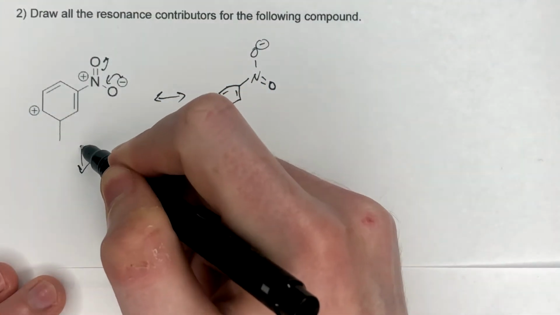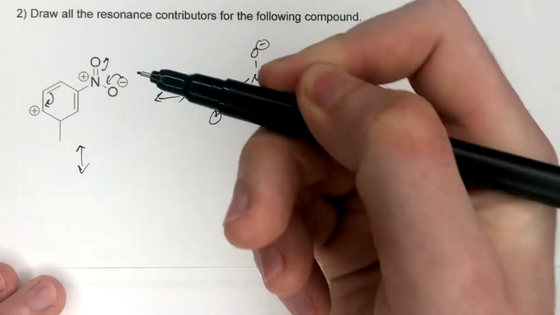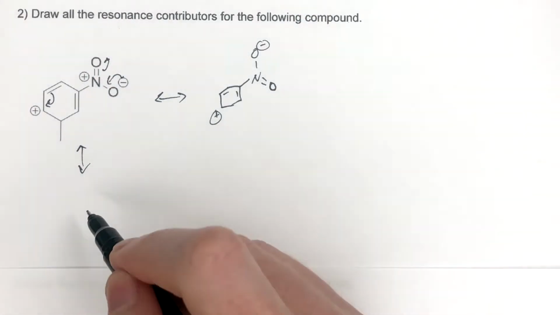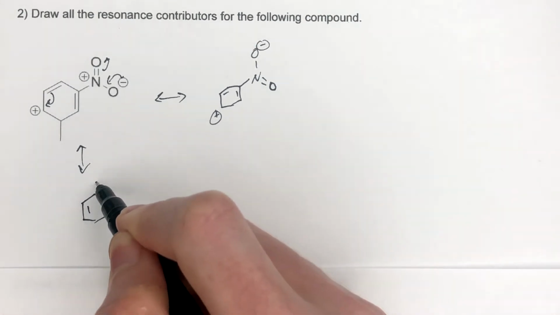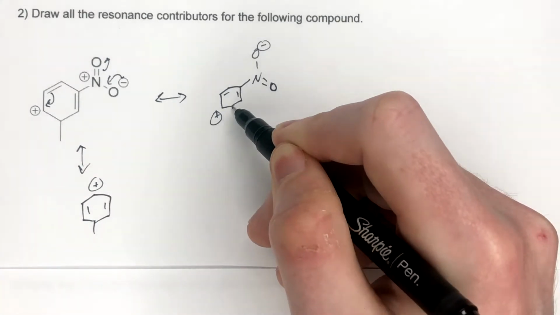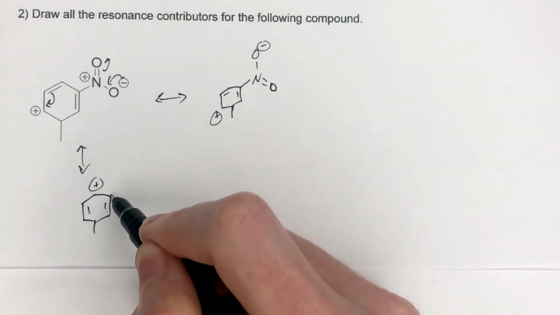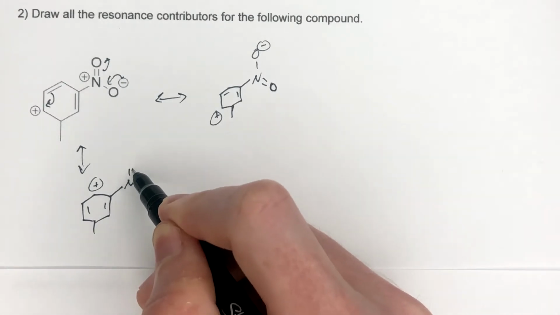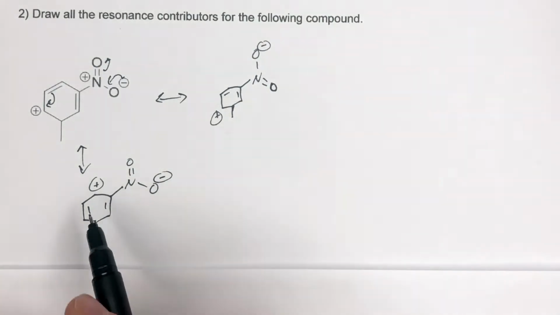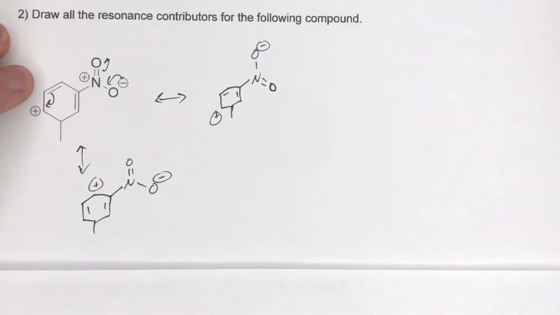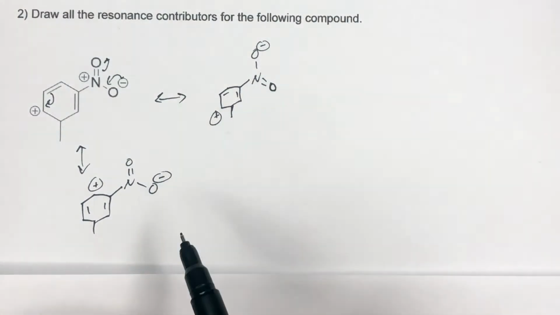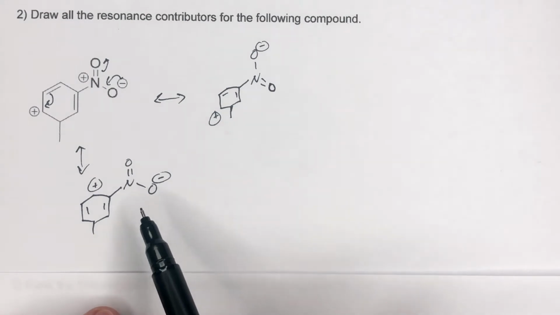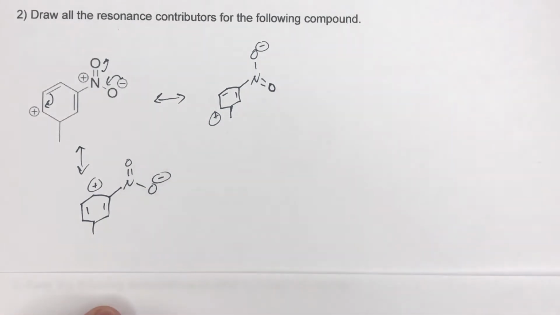Then you can delocalize the pi bond here. For example, this will put the carbocation at the top carbon. I forgot the methyl group here. This will put the carbocation at that top carbon there, since this carbon is now electron deficient up at the top because we've moved the pi bond. And now what I was trying to mention with the oxygen here is you could have a similar resonance structure where this negative charge moves up to the oxygen.